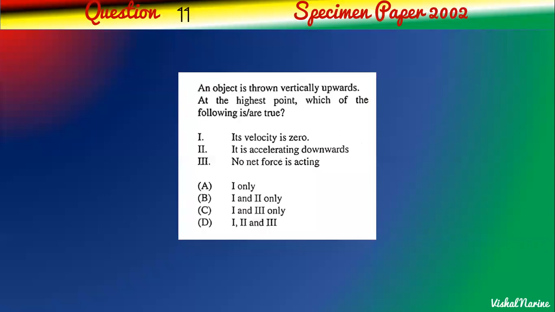So we examine each one of them. The velocity is 0. Yes, that will be considered. So if we look at the options, we know that 1 is correct. All of them have 1. It is accelerating downwards. That is not true. So 2 is incorrect. So we can strike out B and we can strike out D. No net force is acting. Well, that is actually true. So the answer there is C.